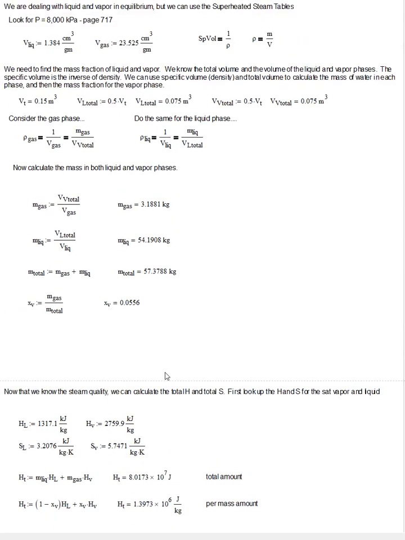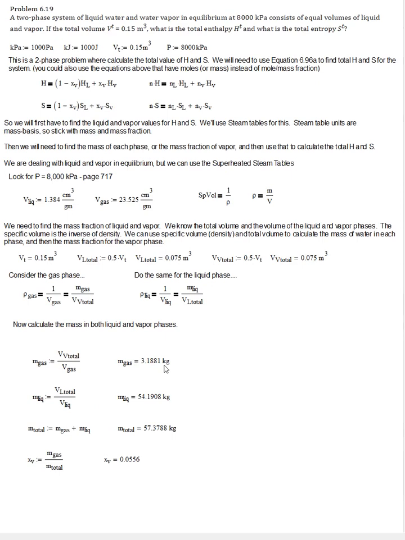So that's this problem. A lot of it is just getting you used to using the steam tables, and then the real key to solving the problem is realizing that the specific volumes that you're looking up in the steam tables are the inverse of the density.